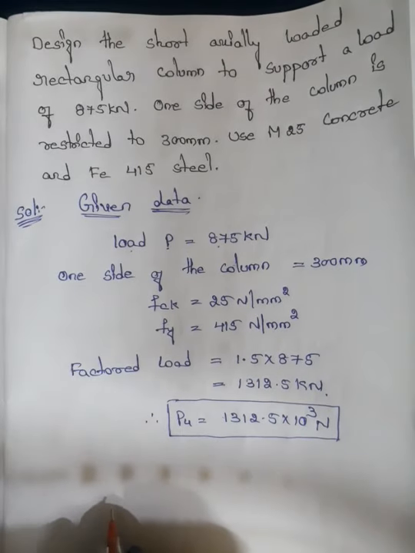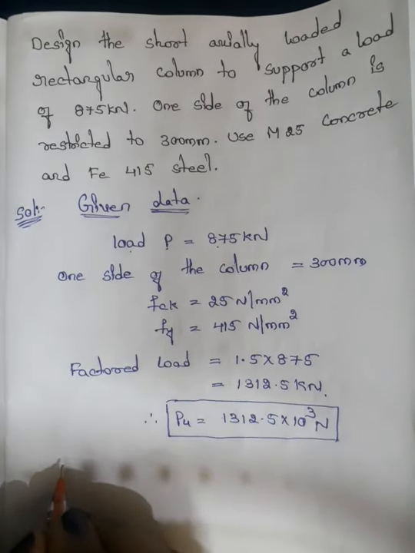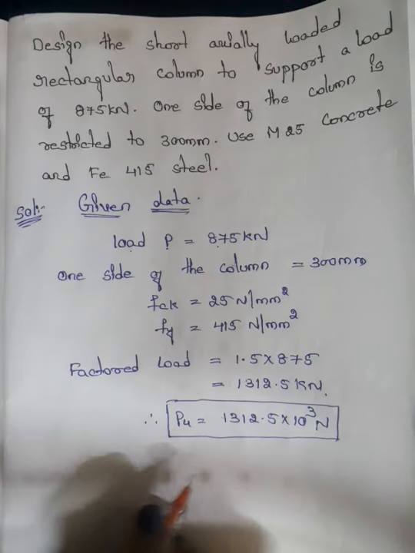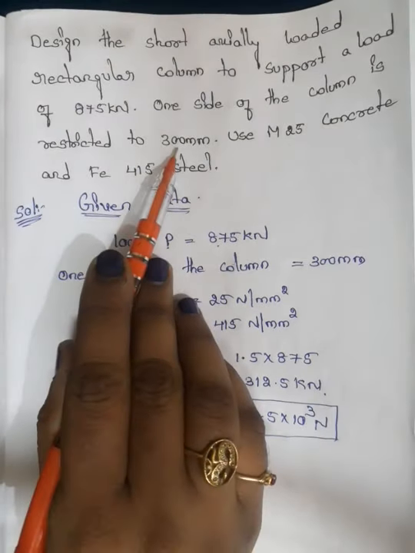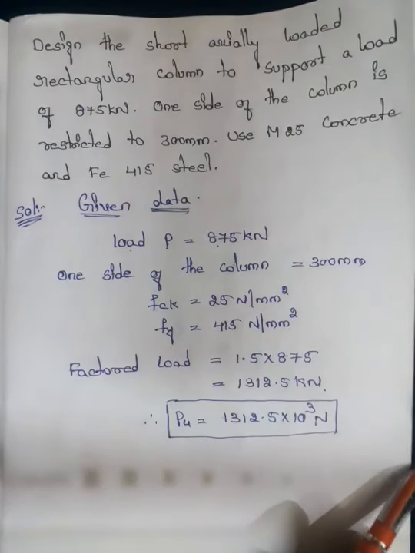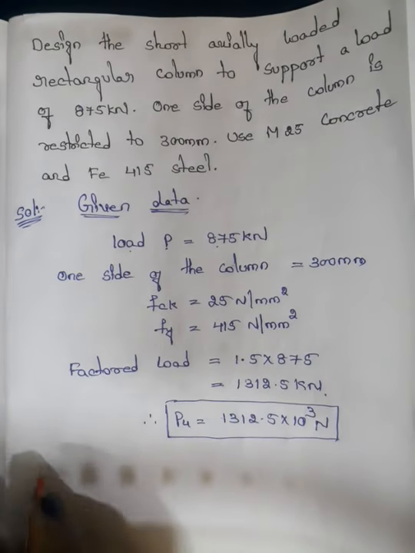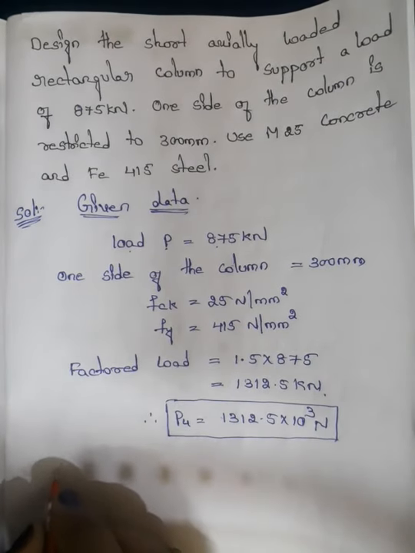So now, we know the gross area of the column is denoted with Ag, right? Here we know only one side of the column. We don't know the other side of the column. So first we'll assume the percentage of steel.